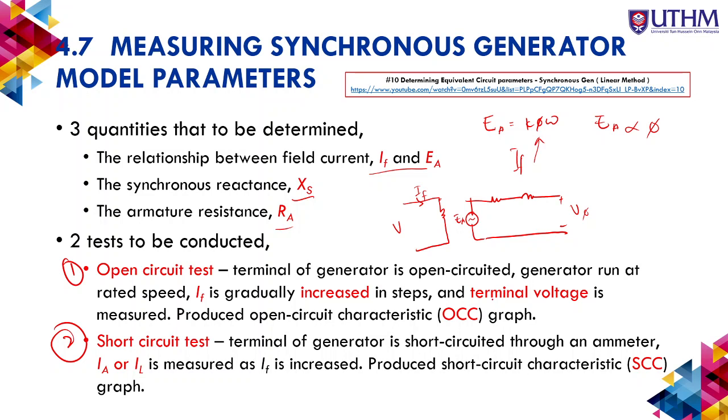They will produce an open circuit characteristic graph, the OCC. By doing an open circuit test, V phase will be equal to EA, because the current IA is equal to 0. There is no current because it's open circuit. Therefore V phase equals EA.